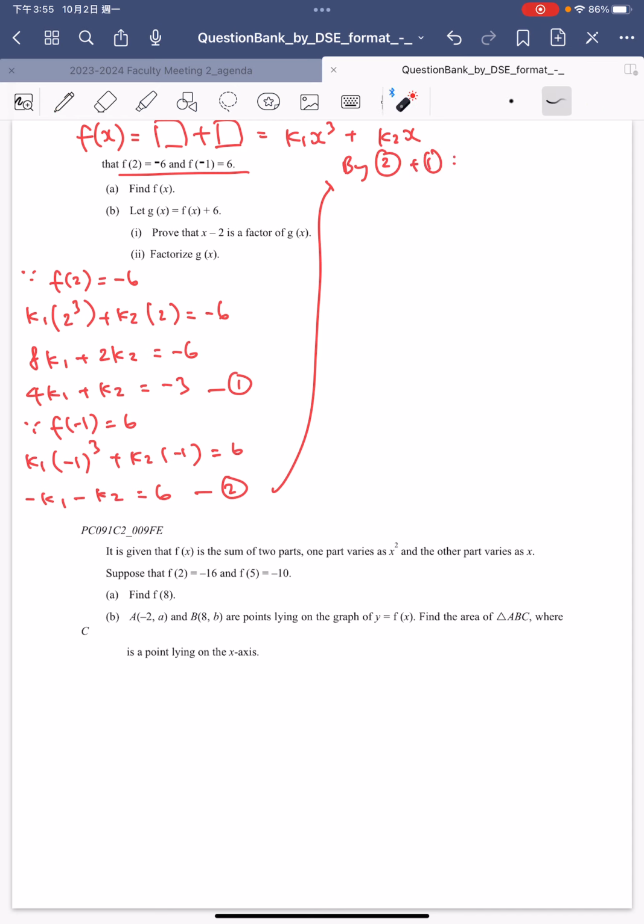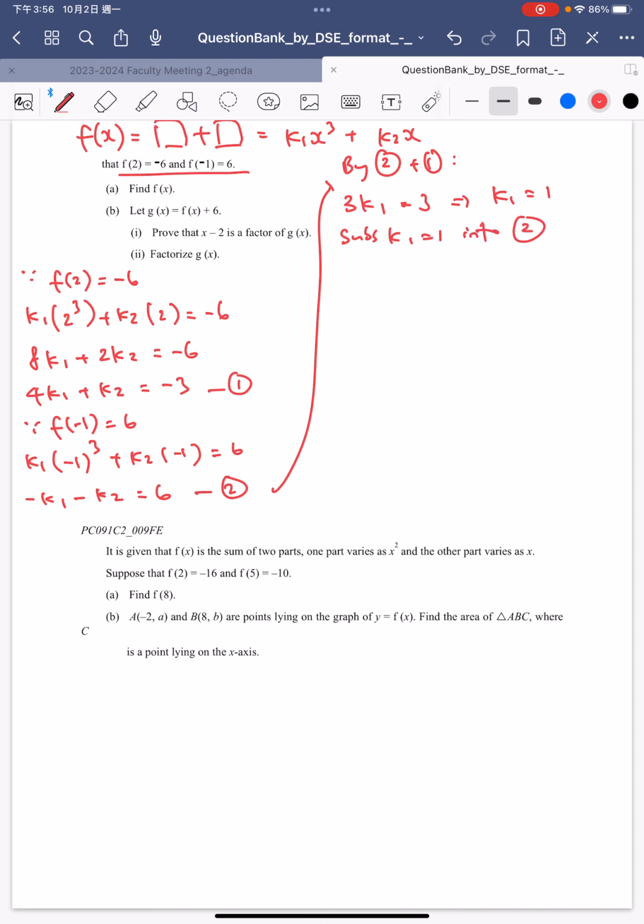Then on the left hand side, we have 4k1 plus the negative k1, so we have 3k1. And k2 and the negative k2 are eliminated. On the right hand side, we have negative 3 plus 6 will give you 3. So we have k1 is equal to 1. Then we can substitute the value of k1 into our formula 1.